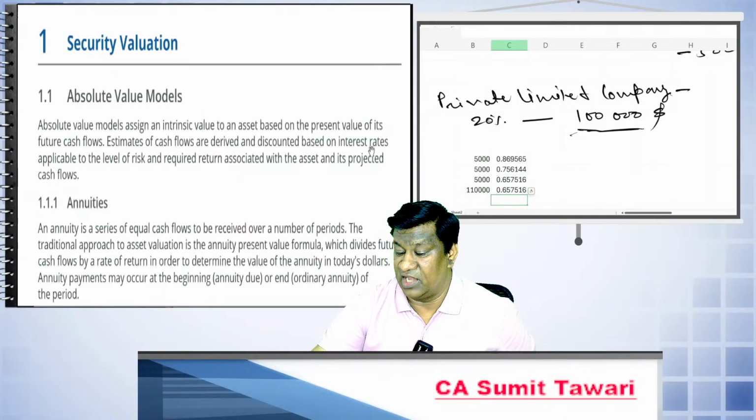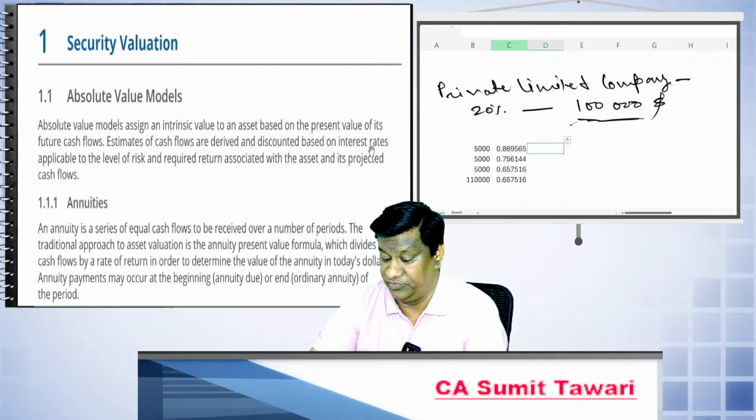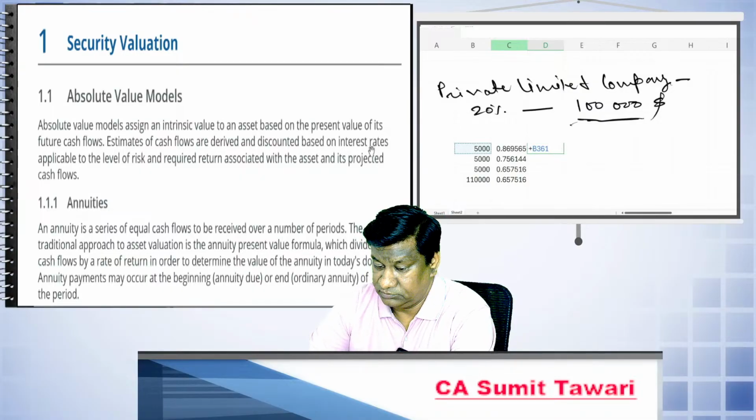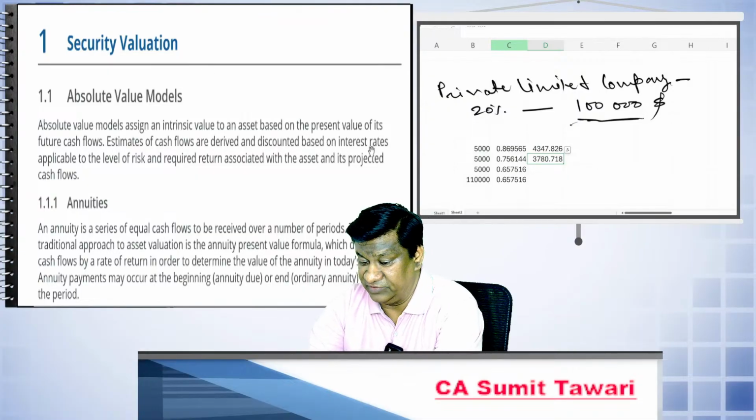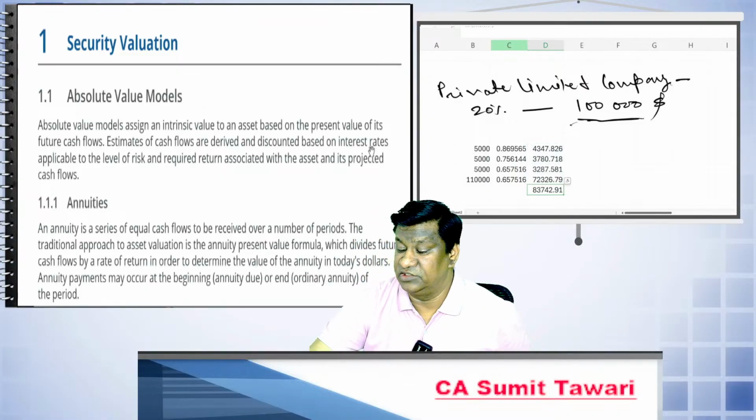So we are calculating the discounted value of future cash flow on my 100,000 investment. It is 83,742.